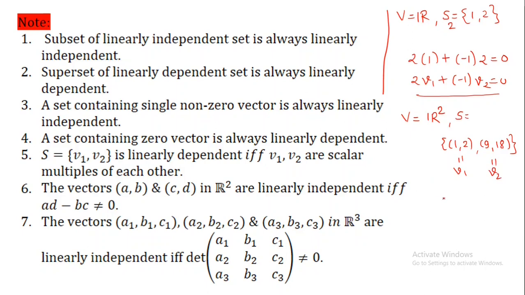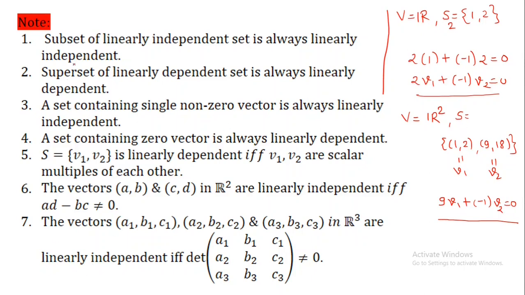It was 9 V1 plus minus 1 V2 is equal to 0. So this is the relation between the vectors of the set S. Whenever our set is linearly dependent, remember there is always a relation between the vectors in that set.